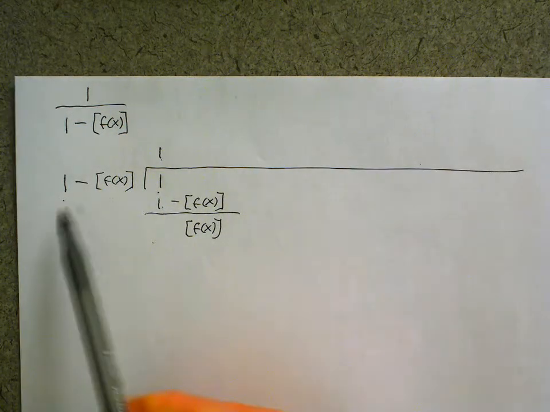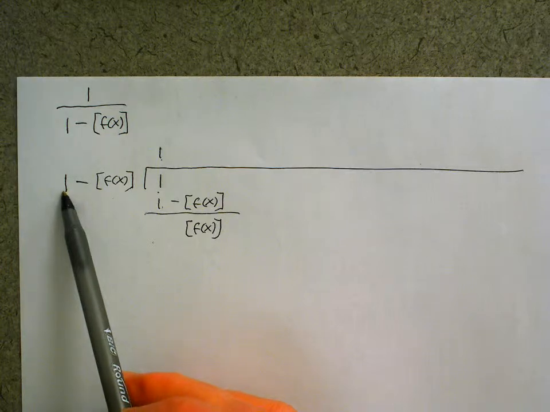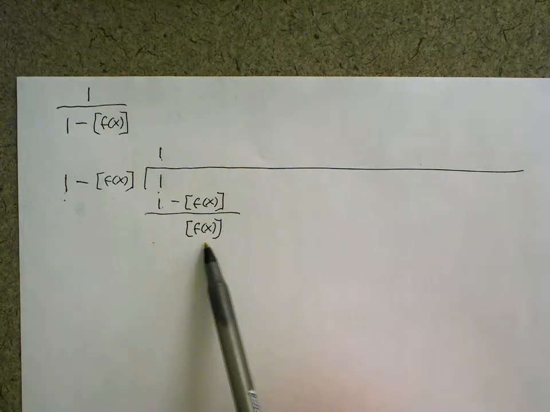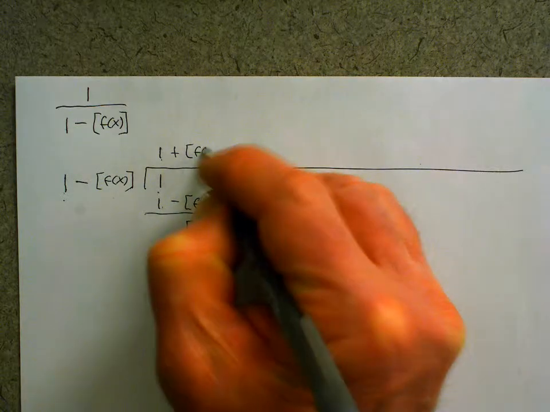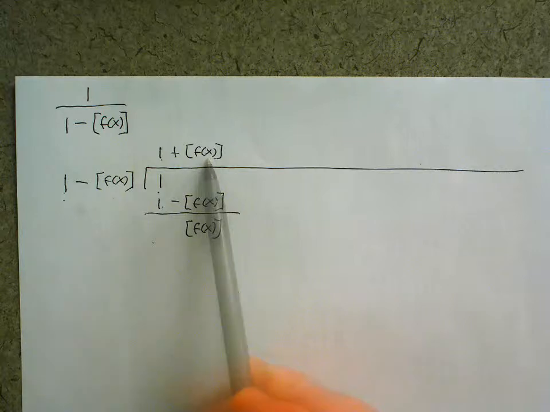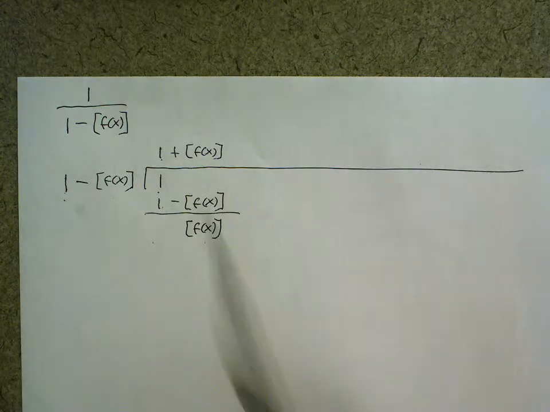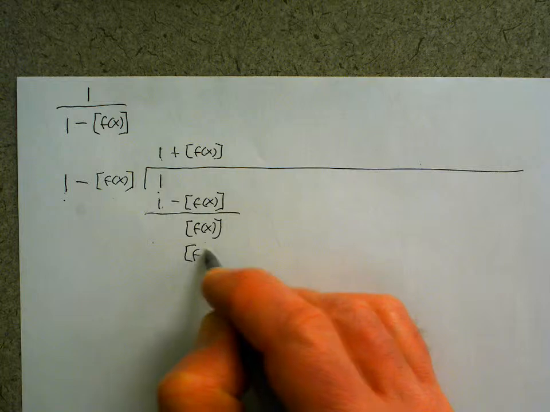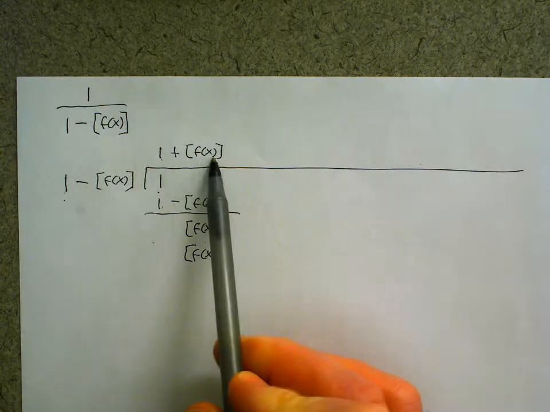Okay, then the next cycle in the long division, 1 goes into f of x, f of x times. And then we multiply f of x times the divisor. So f of x times 1 is f of x. And then we're going to subtract f of x times f of x.